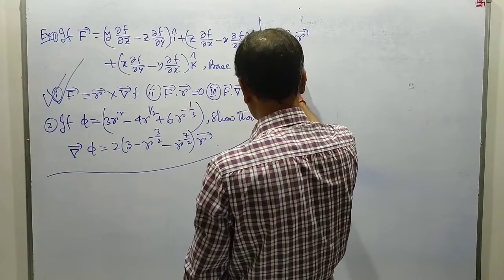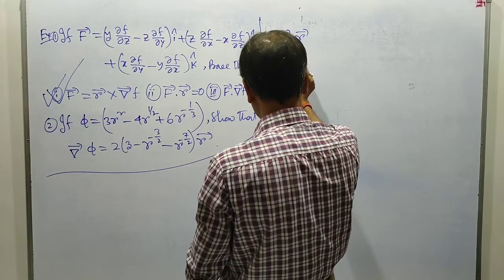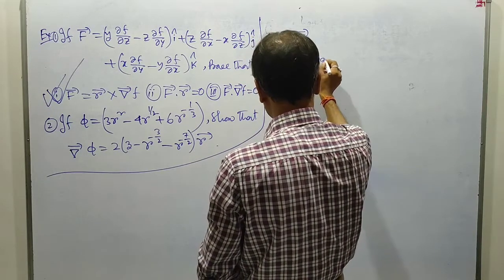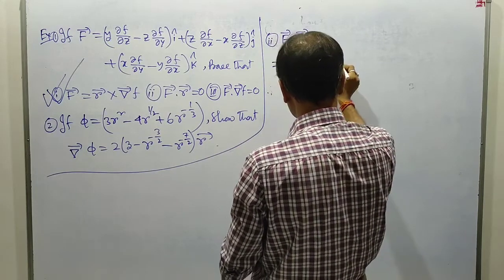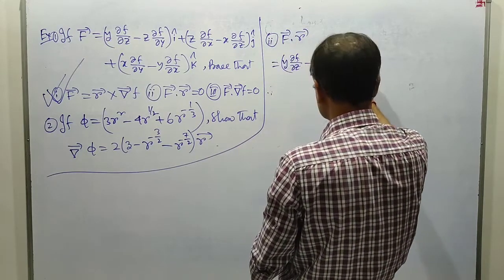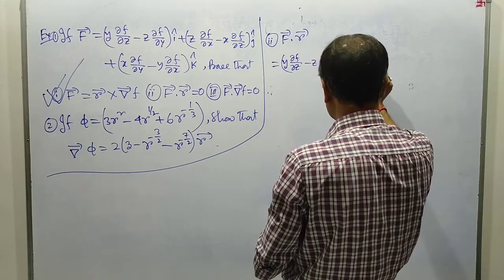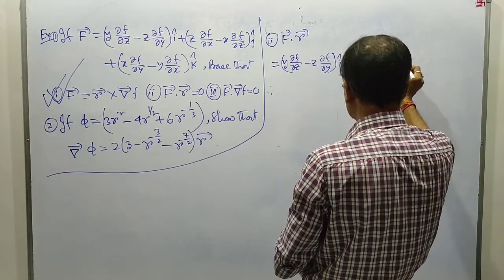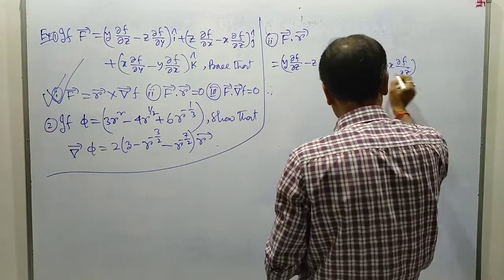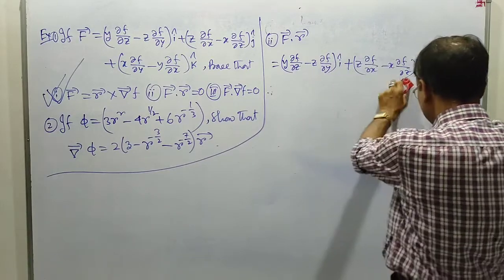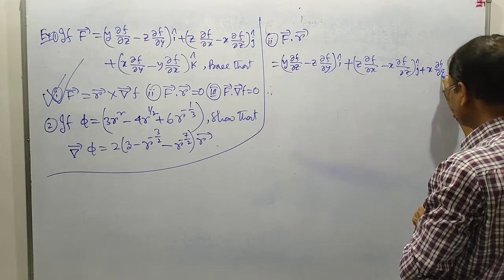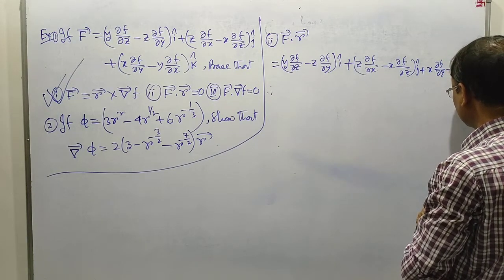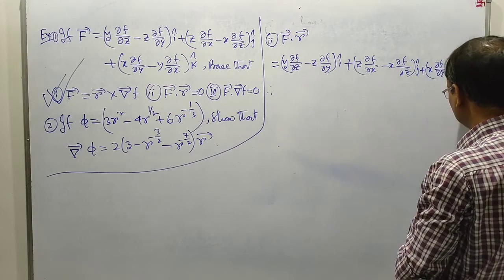This is equal to (y ∂F/∂z minus z ∂F/∂y) i cap plus (z ∂F/∂x minus x ∂F/∂z) j cap plus (x ∂F/∂y minus y ∂F/∂x) k cap.